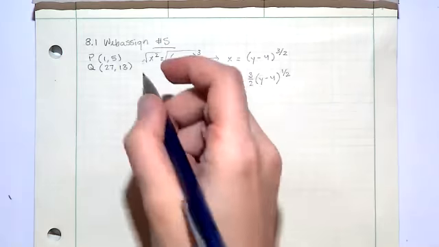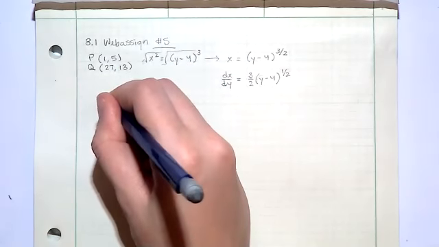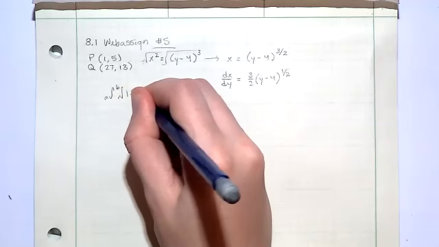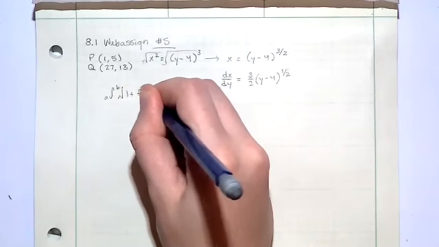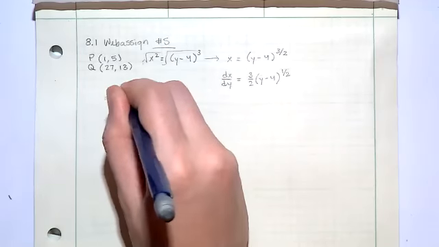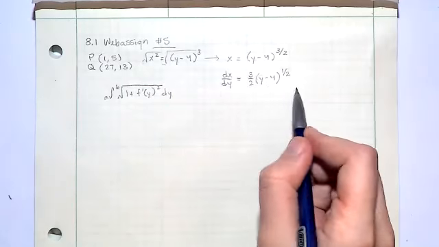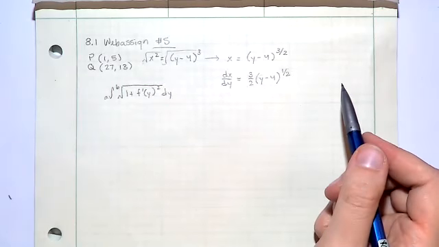And so now to make sure that we have our integral from a to b of the square root of 1 plus f prime of y squared dy, we need to just square this bad boy, which shouldn't be too bad.